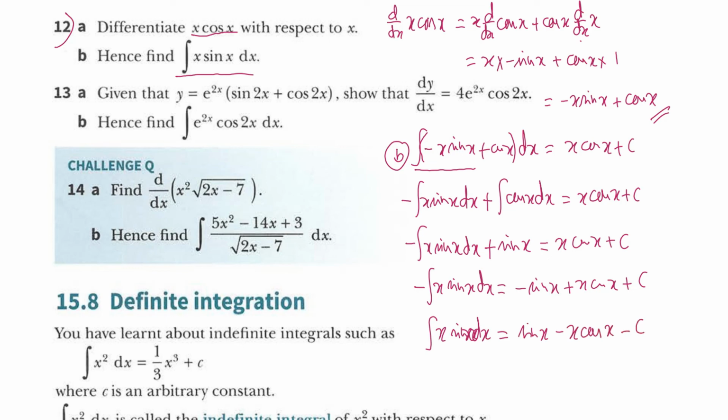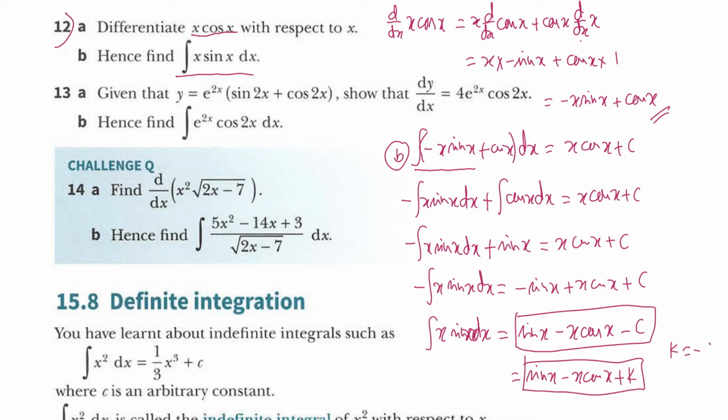So we can leave our answer here, no problem. This is also the answer. We also can leave it as sin x minus x cos x plus k. This k we can replace by minus c, because it is also a constant.